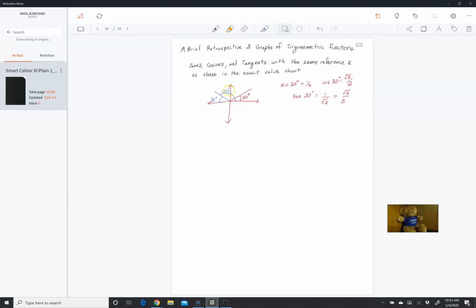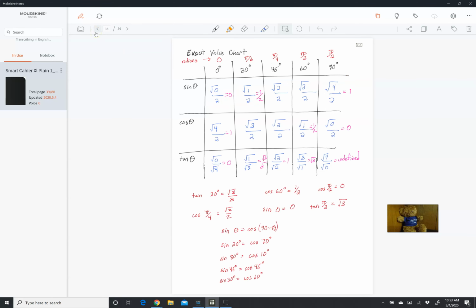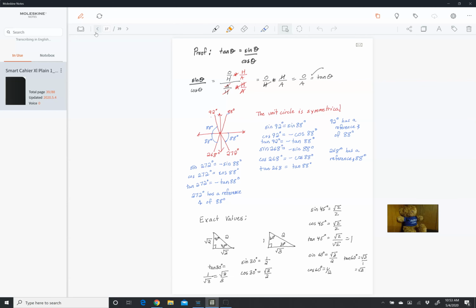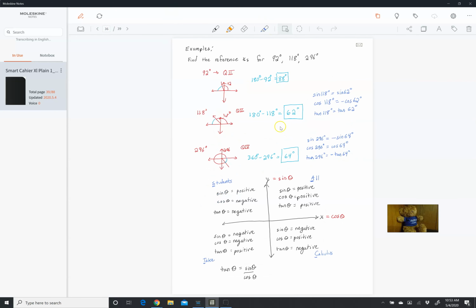Okay, 150 degrees has a reference angle of 30 degrees. So what does this mean? Well, in quadrant 2, the sine is positive, the cosine is negative, and the tangent is negative.